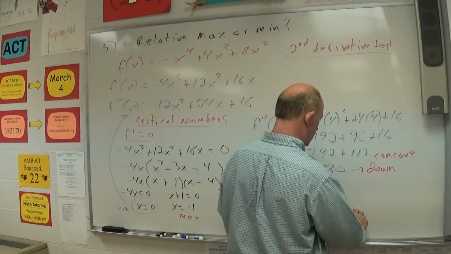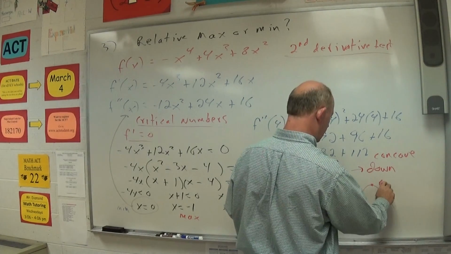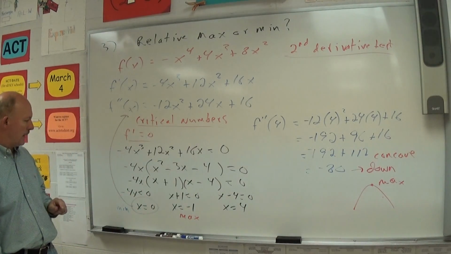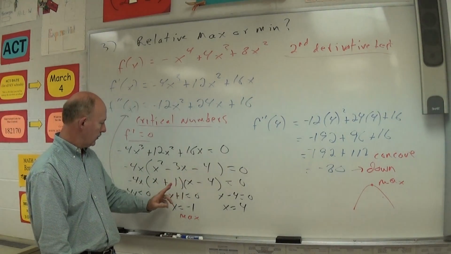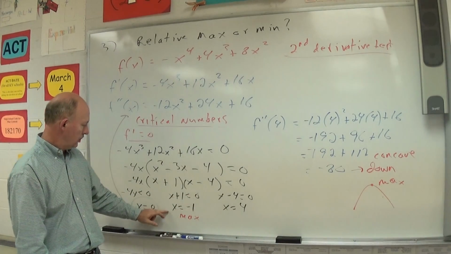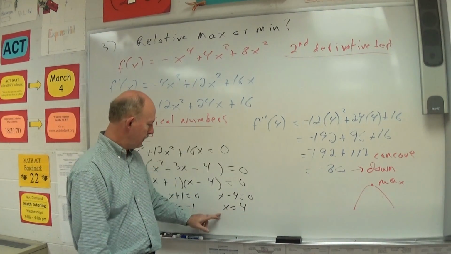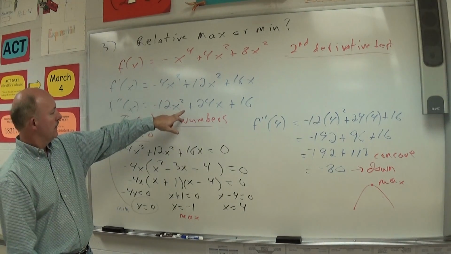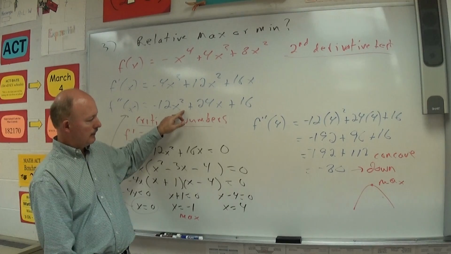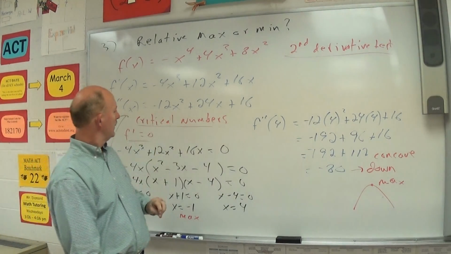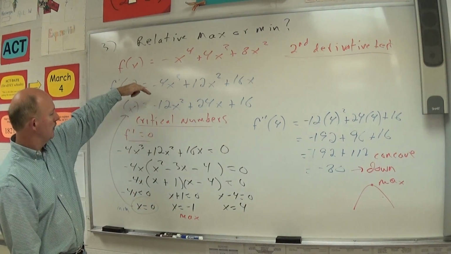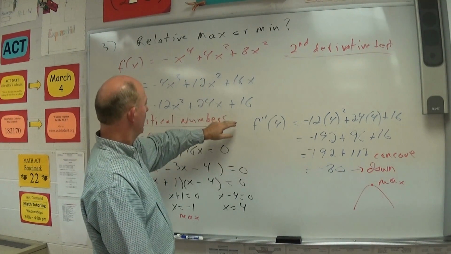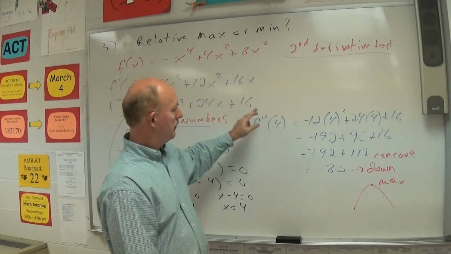So you're looking at this right here. This would be a relative max. Let me just double check this to make sure that I'm right. I'm going to factor this, and it factors with 4 and 1, so we have x equals negative 1 and x equals positive 4. Substituting x equals 4 into the second derivative, so relative max, and double check: negative 12x squared plus 24 times 4 plus 16.